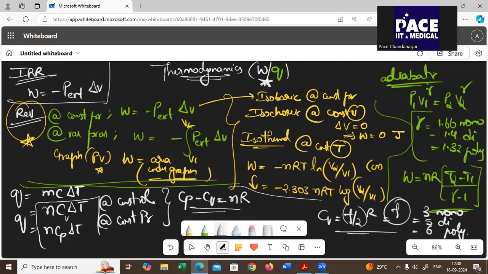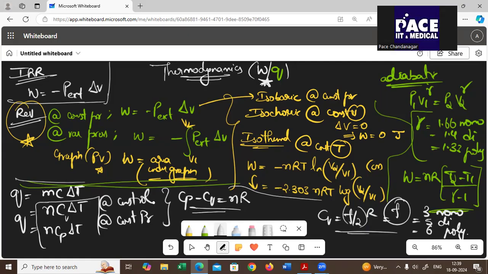This is your Cp and Cv relation. This is for the Q part, which is nothing but your heat. So whenever we talk about heat, at constant volume the formula is nCv delta T, and at constant pressure it is nCp delta T, where Cp minus Cv is nR.